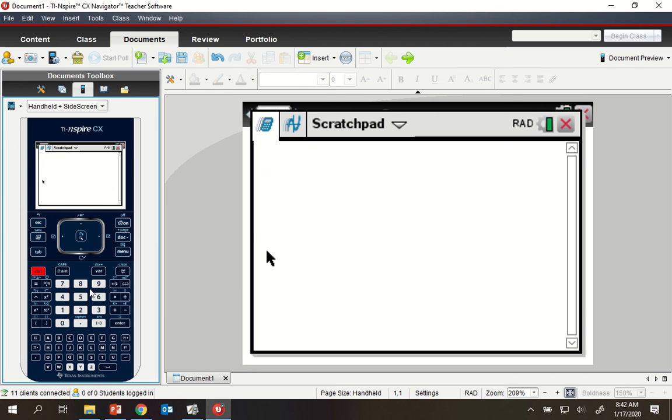So my delta x is 3 over 2. Okay, open parentheses. Now, I already have my function in the first thing, right? So hit this button right here. This is vars. Vars right here. It's above the 9. And it gives you the option to select a function.